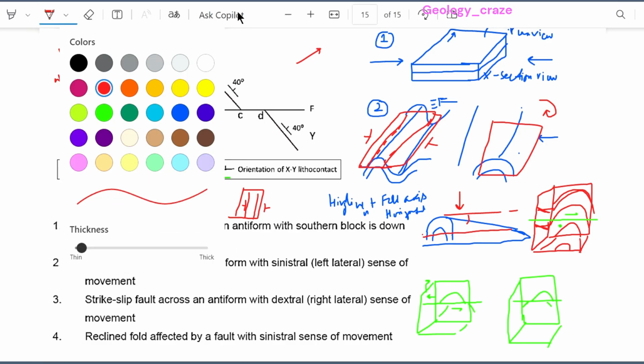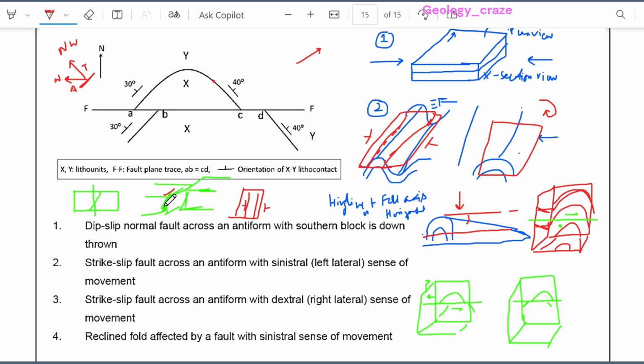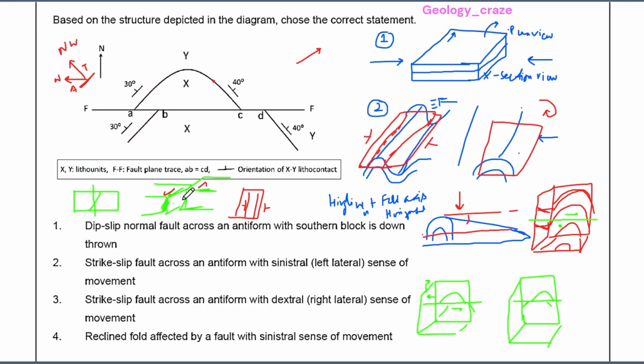Another color. This block is going this way. This block is going this way on the top. Same thing, but if the body dipping is the same, in that case we will see it in this way.